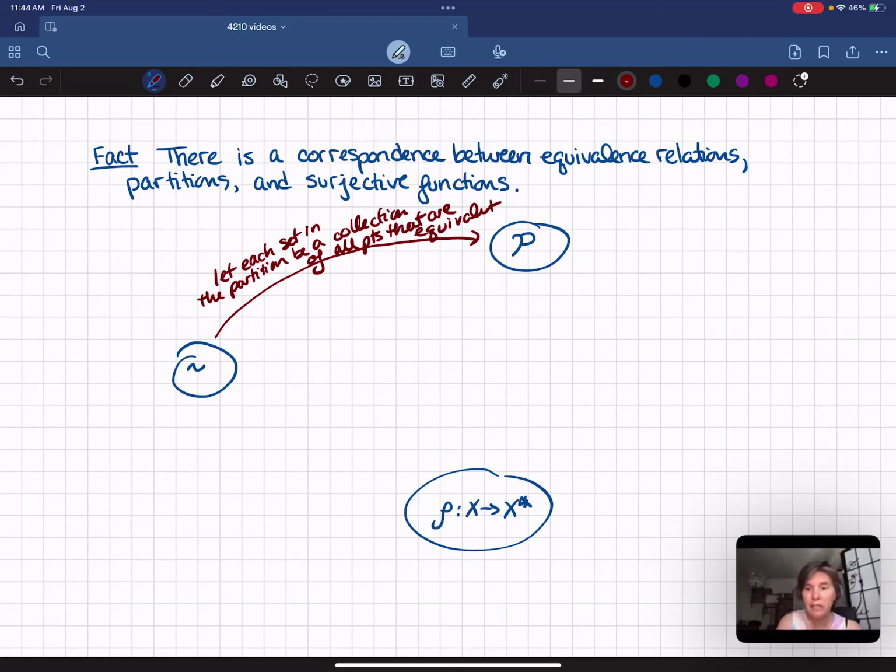So you basically clump the points by the ones that are equivalent to each other, and then you make those clumps your partition. If you have a partition, then you say that x is equivalent to y if x and y are in the same set in the partition.